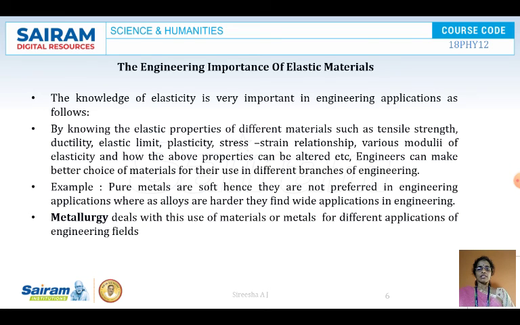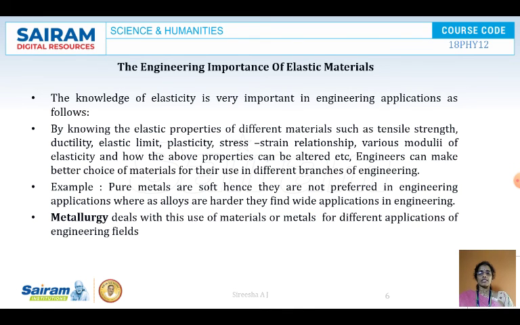So what is the material that has to be used to lift the load, and how much can it withstand? All these properties are required for engineering applications. If you know the behavior of the material, how much it can withstand, what is the elastic limit and what is the plastic limit, an engineer can make a better choice of materials for different branches of engineering.